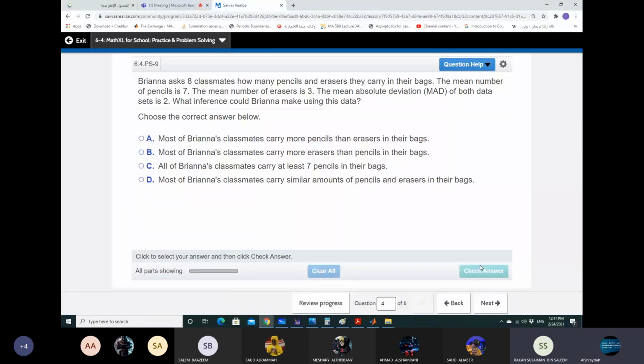The mean number of erasers is 3. The mean absolute deviation, MAD, of both data sets is 2. What inference could Brianna make using these data?